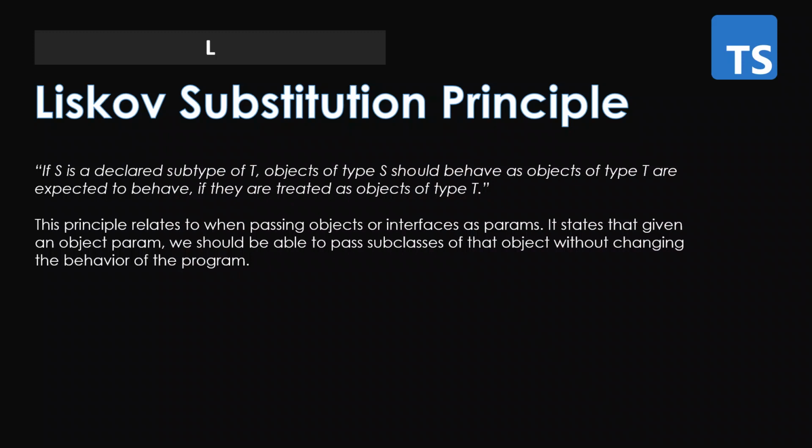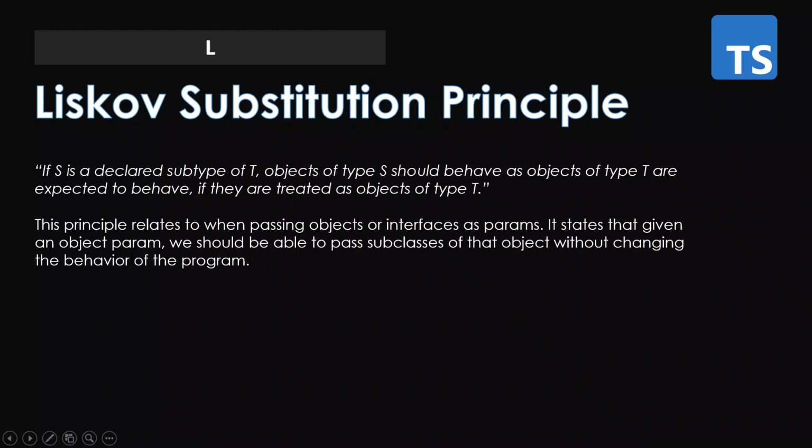I am repeating it again. Objects of type S are expected to behave the same way as objects of type T. And when will this happen? When they are treated as objects of type T.